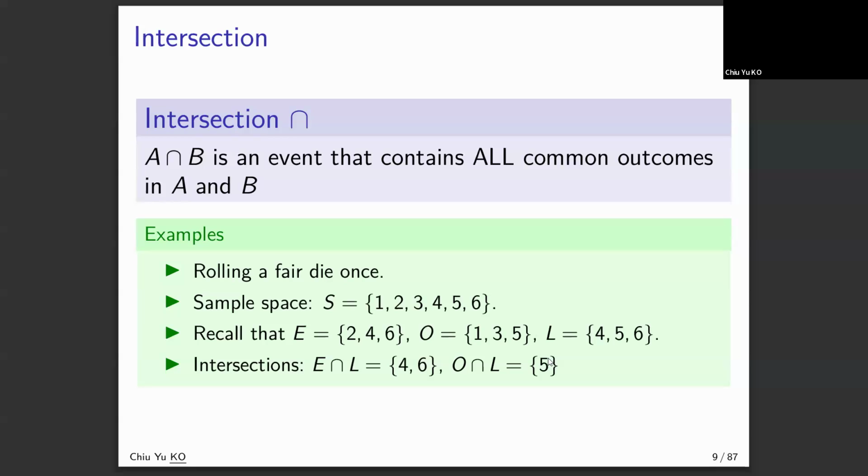What is left is 4 and 6, because 5 is not in even and 2 is not in large. You only look for common elements. And odd and large: 1 is not in large, 3 is not in large, 5 yes. Look at large: 4 is not in odd, 6 is not in odd. So only 5 is in both. That is the intersection.